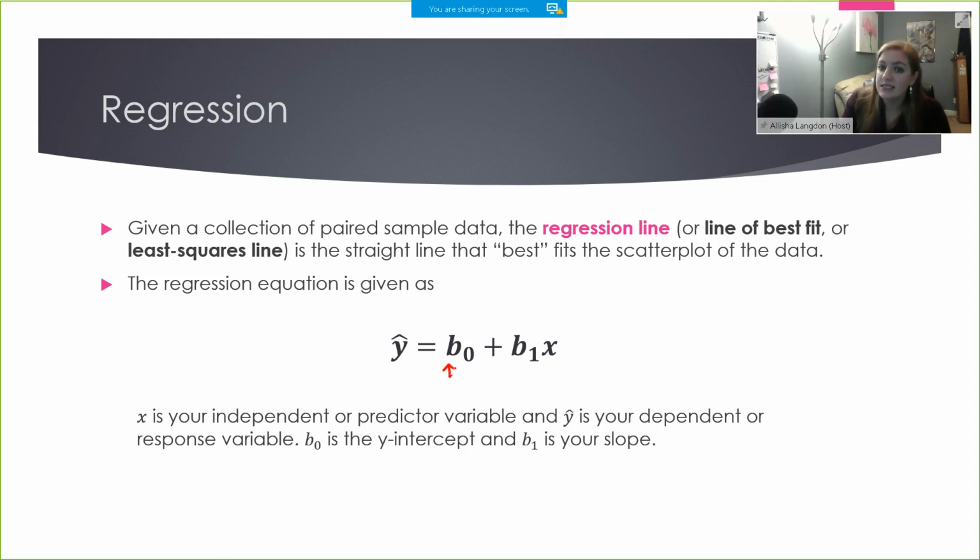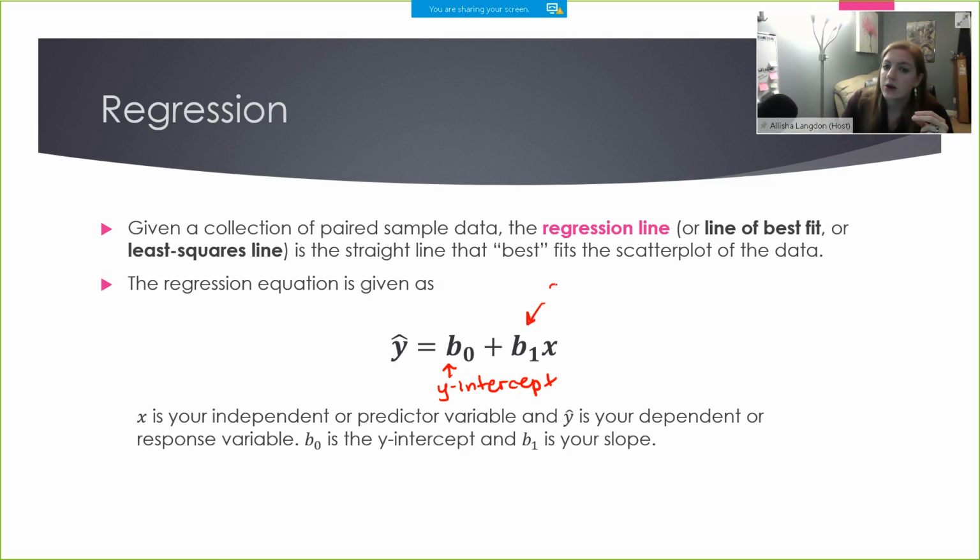B naught is going to be your y-intercept. Think of it where it crosses the y-axis, or as your starting point, because usually we start when x is 0. We start there and either go up or go down. That starting point is your y-intercept.